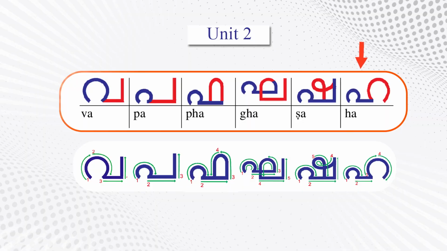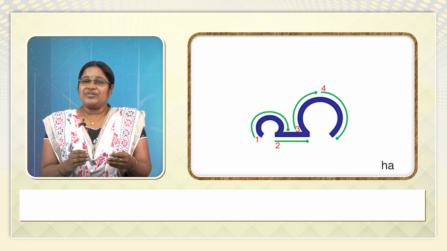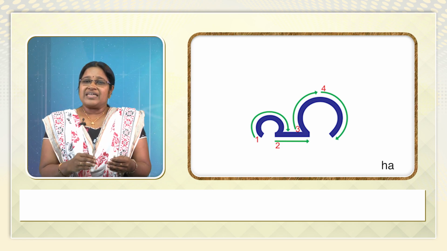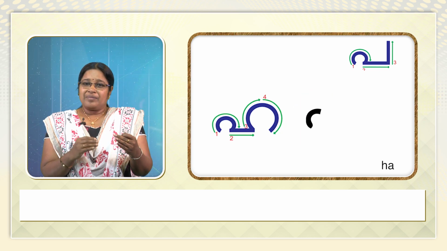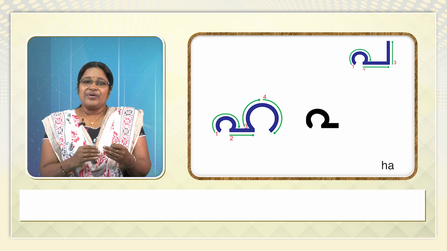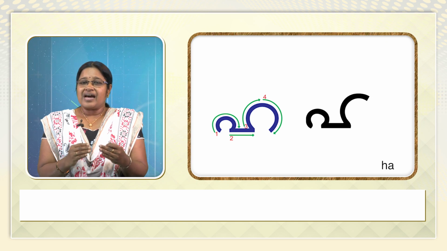Let us go to the last one. This letter has to pronounce as Ha. It is quite easy to write. From the second stroke of Pa, bring pen point like this to get this letter Ha.